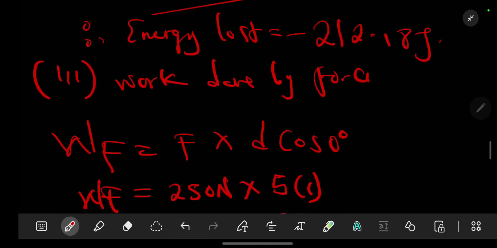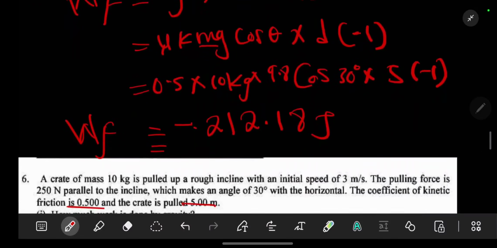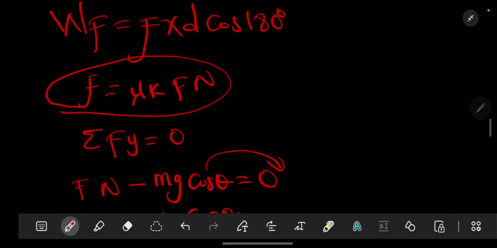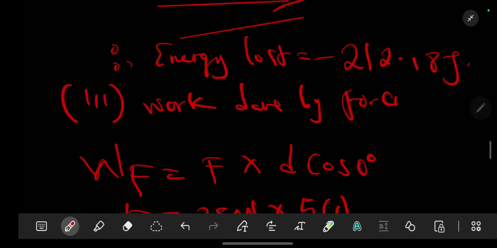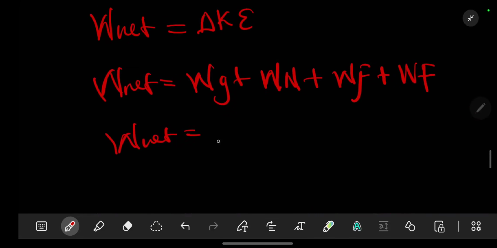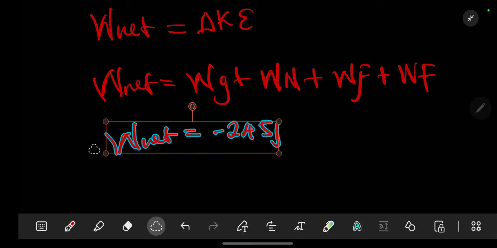The work done by gravity was found to be negative, because it was going up, negative 245. So we put negative 245 joules.